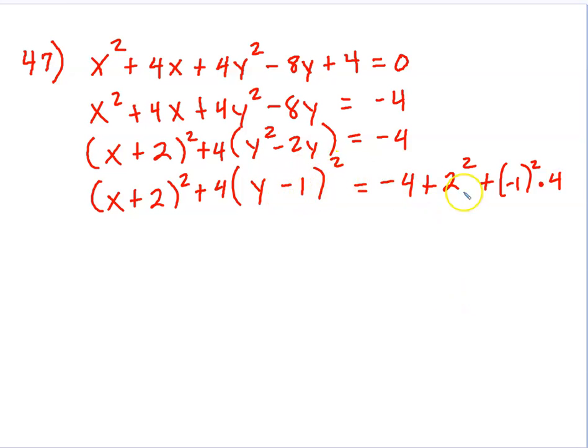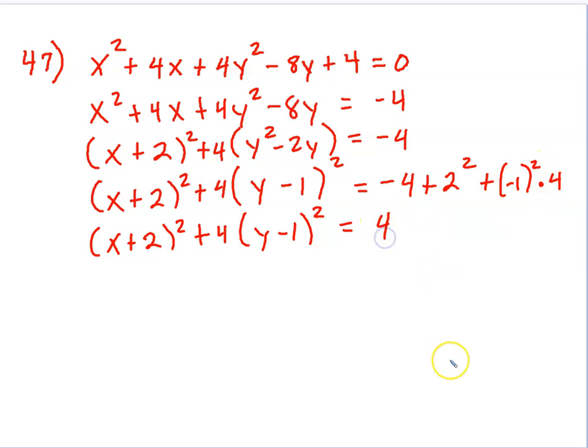Okay, so literally, I'm showing it a little bit differently so you can see where these numbers come from. -1 squared times 4. Okay, and then simplifying, this right side is going to be -4 plus 4, which is 0. And then this is going to be +1 times 4.